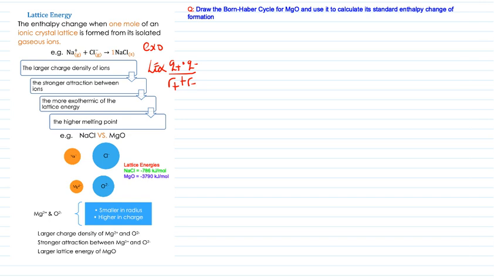So the higher the lattice energy, the higher the melting point and the stronger the ionic bond.